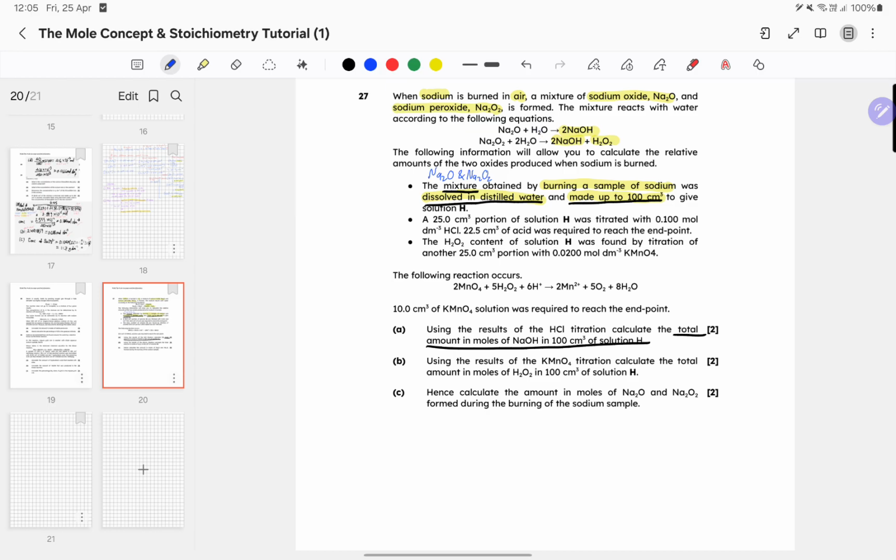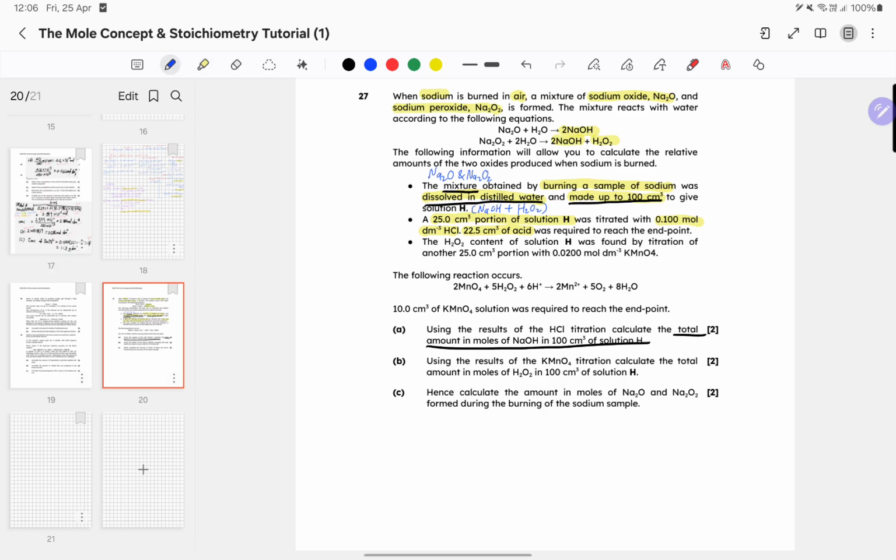So this means that solution H will contain NaOH plus H2O2. The next part of the question, they say 25 cm cube of solution H is then titrated with 0.100 dm cube of HCl, and then 22.5 cm cube of acid is required to reach the end point.